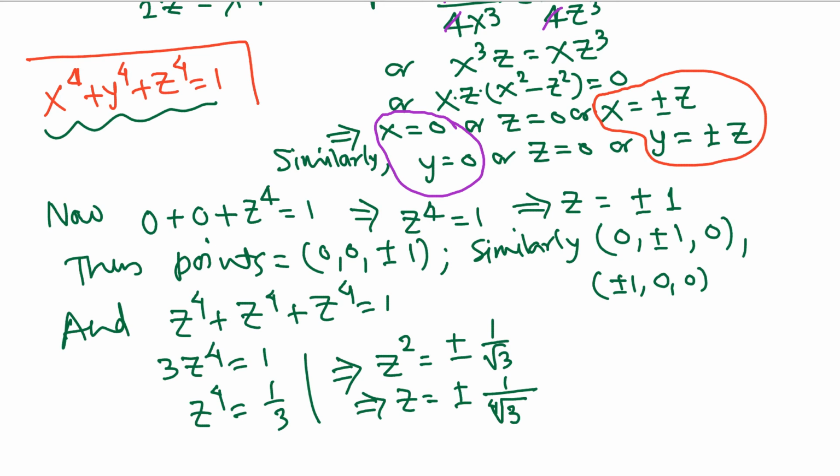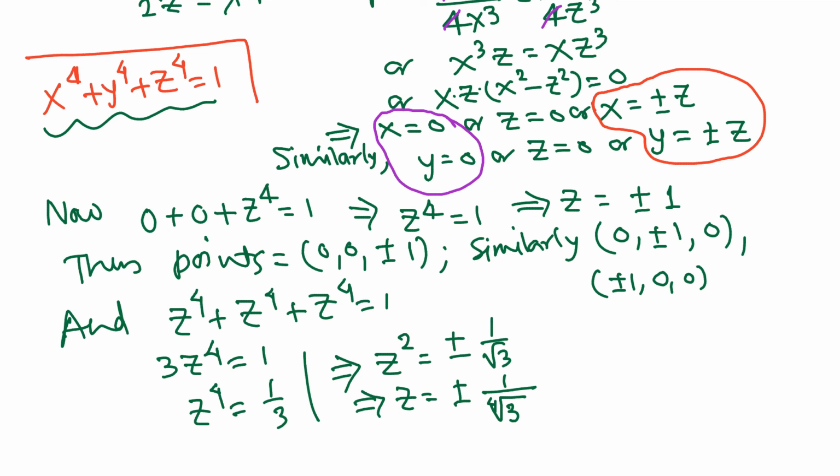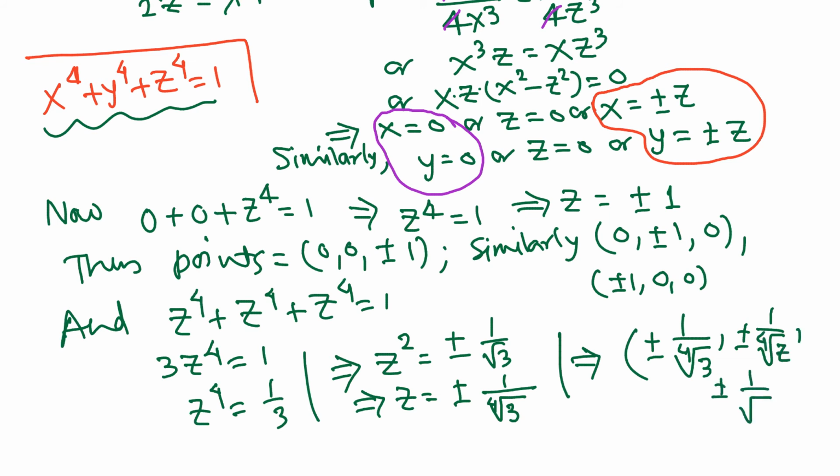Now from this we get a point: x is plus or minus g, so this is plus or minus 1 over the fourth root of 3, and y is also plus or minus 1 over the fourth root of 3, and g is plus or minus 1 over the fourth root of 3.